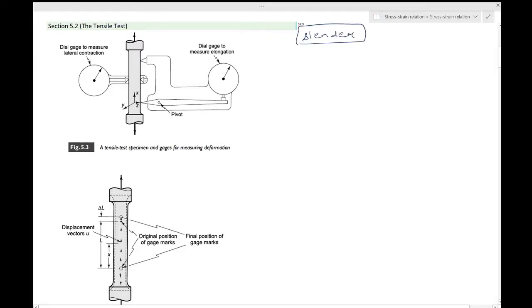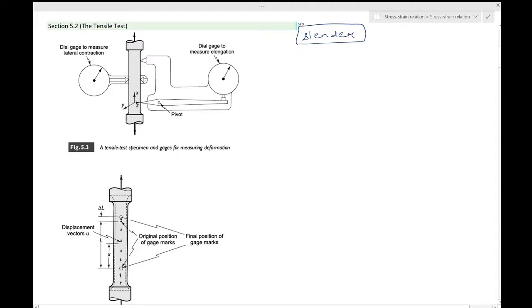The length is much longer than the other dimensions. And this is being pulled in the direction of its axis. So this is called a tensile test. You can try to pull your pen, you can try to pull a piece of string. Those are all tensile tests.